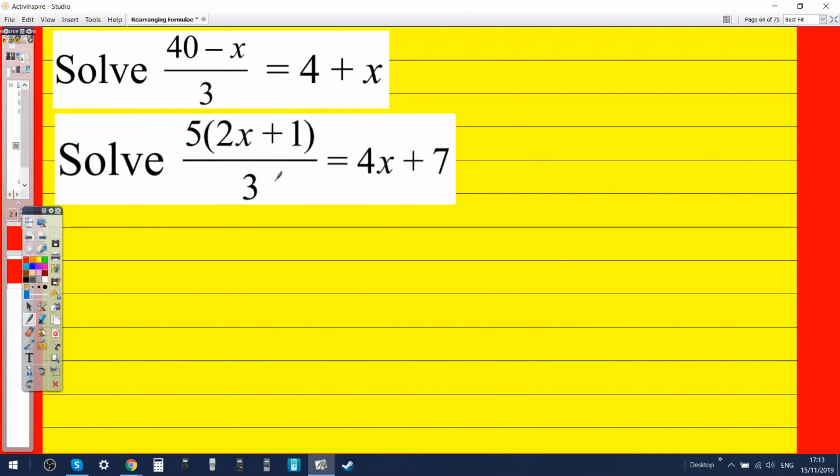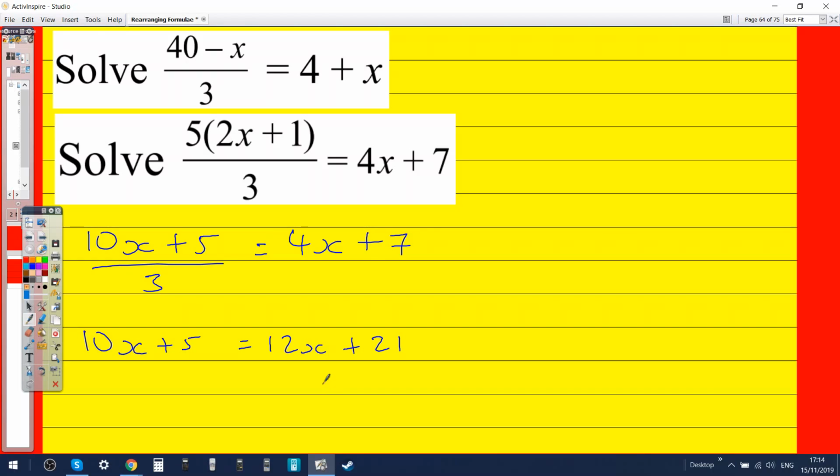How would you do the second one here? Okay, 10x plus 5 over 3 equals 4x plus 7, and then times 3 on both sides. So 10x plus 5 equals 12x plus 21.